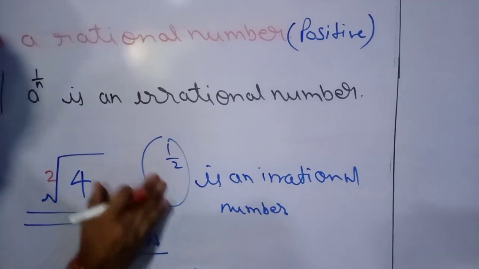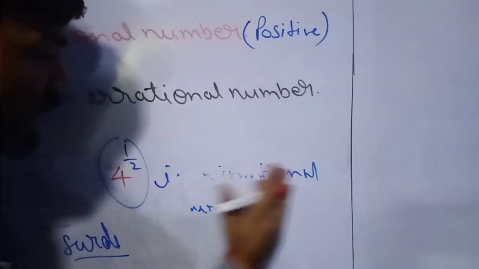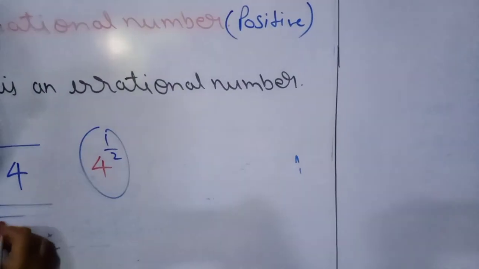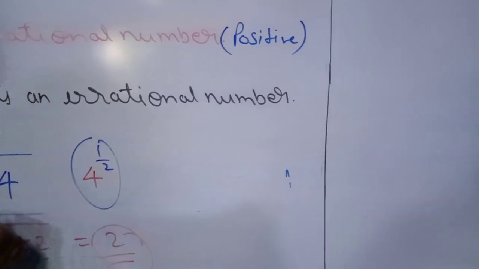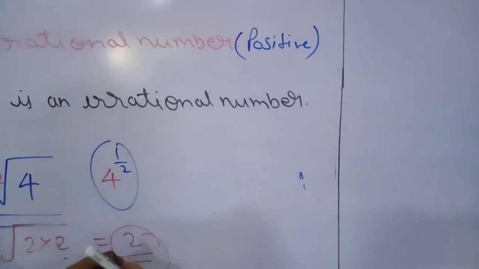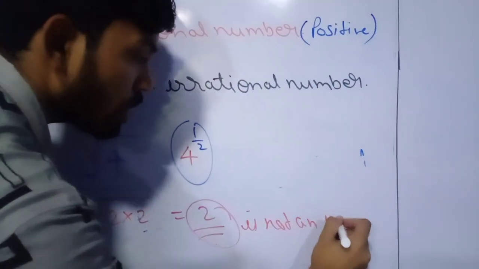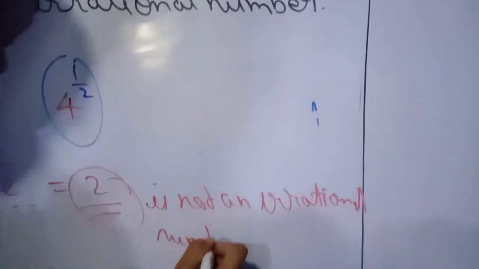If rather than 5, we have 4 here, we can easily find the value: 2 into 2 is 4, so root 4 is 2. We got the answer 2, so this is not an irrational number.